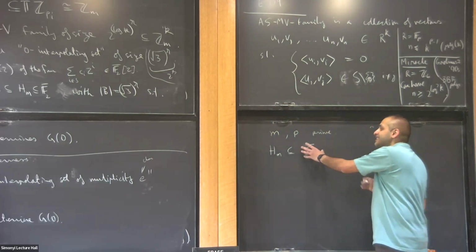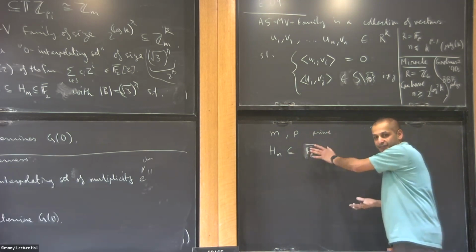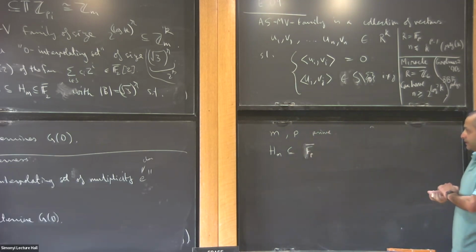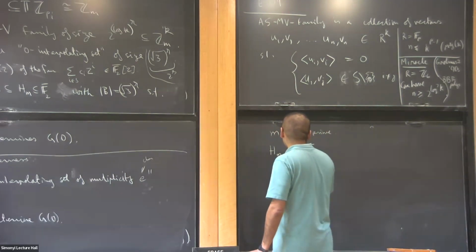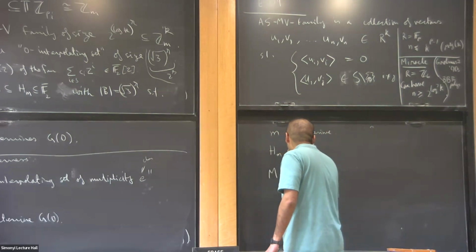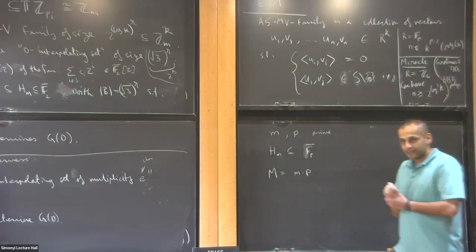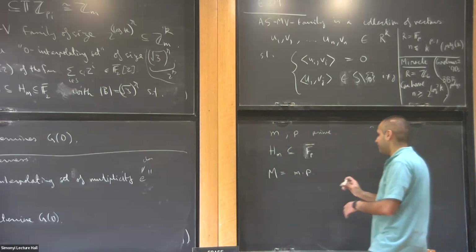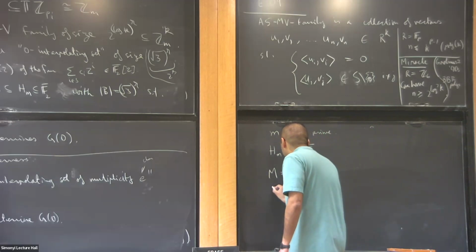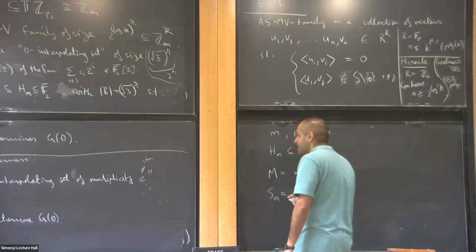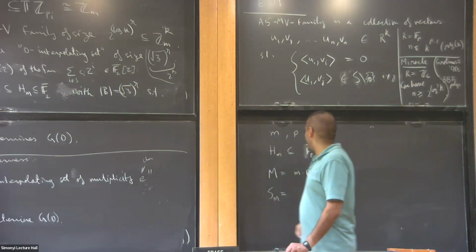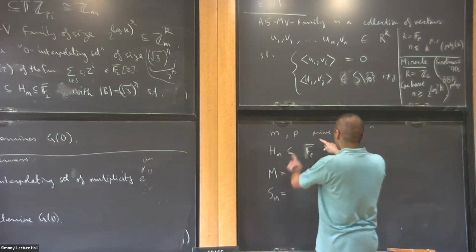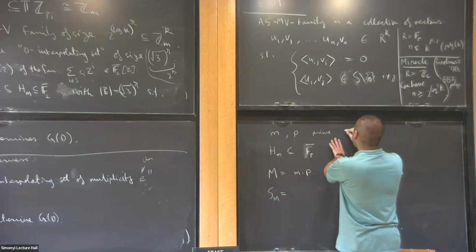I say closure, but it's really just a finite field of characteristic P. And then we let capital M be M times P. Good. M and P are prime, HM is in FP closure, and also the GCD of M and P is one.